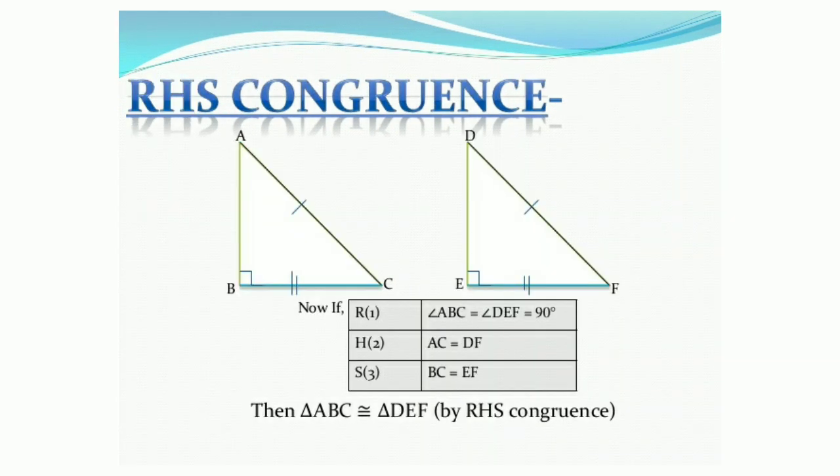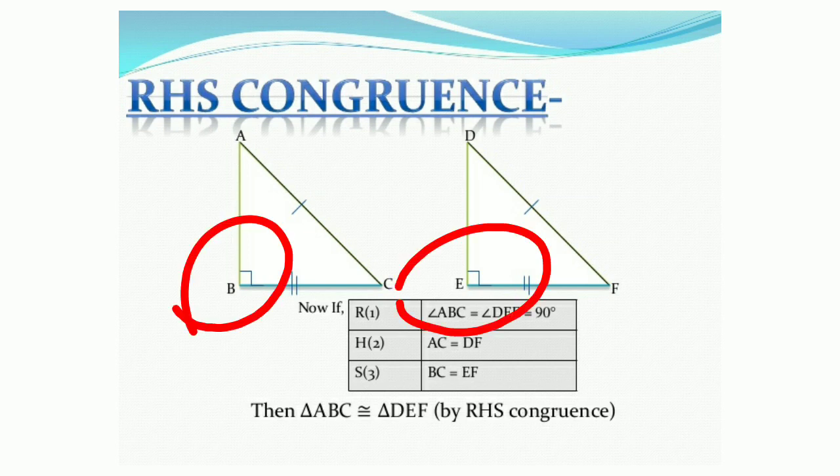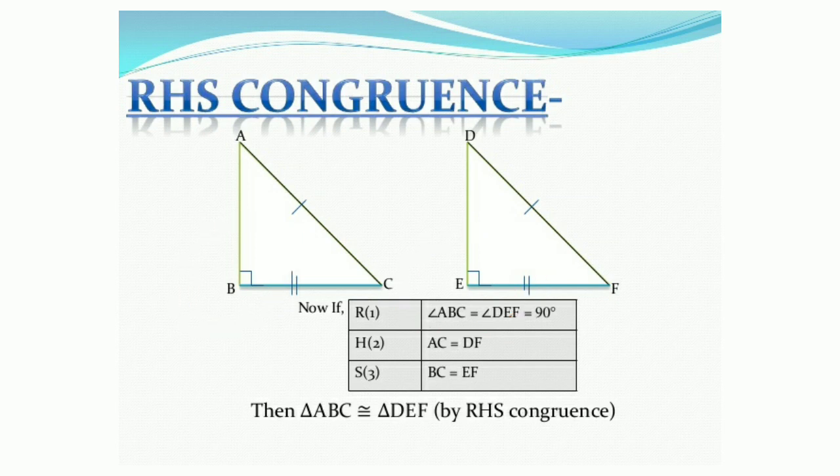Then the last criterion is the RHS congruence rule. This rule is only for right-angled triangles. What is a right-angled triangle? One angle is 90 degrees. So what is RHS? R indicates right angle, H hypotenuse, and S side, any side. That means in two right-angled triangles, if the hypotenuses are equal and any one pair of sides is equal, we can say these two triangles are congruent.